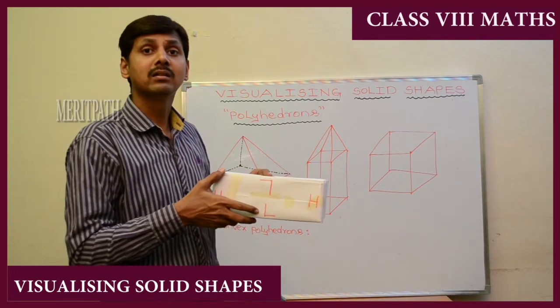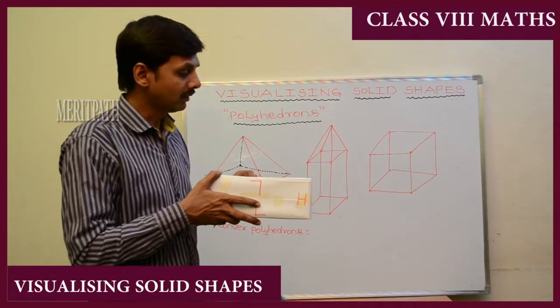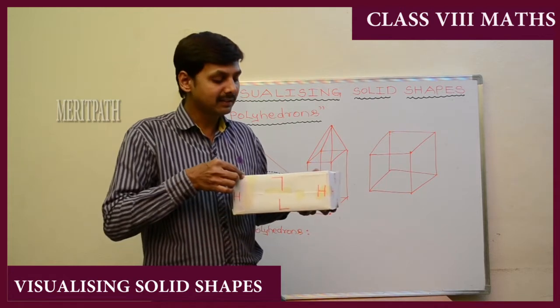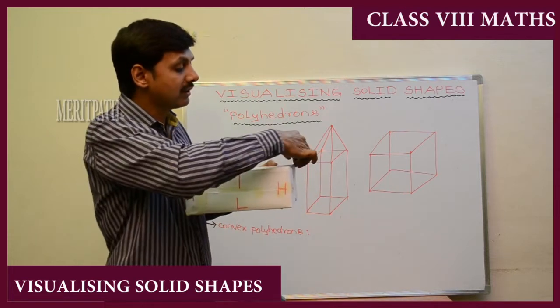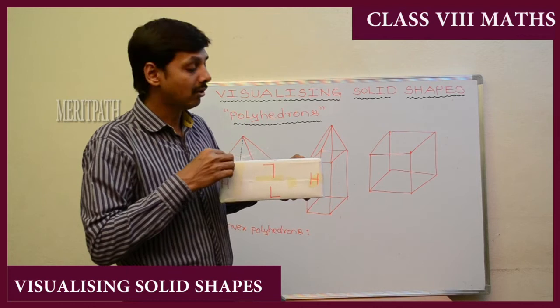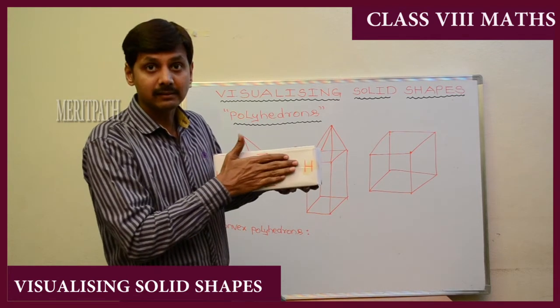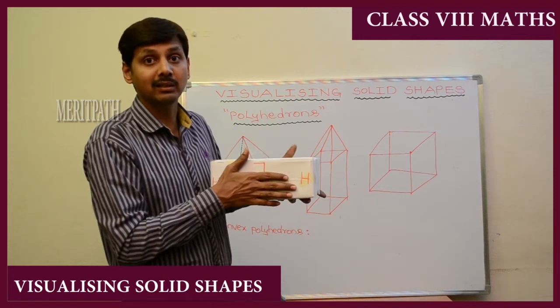Let's count the vertices, how many vertices it has. Let's see, this is a face, and this is one of the sides. We call this side an edge. So the surfaces are joining together at the edge. The surface and this surface join together at the edge.